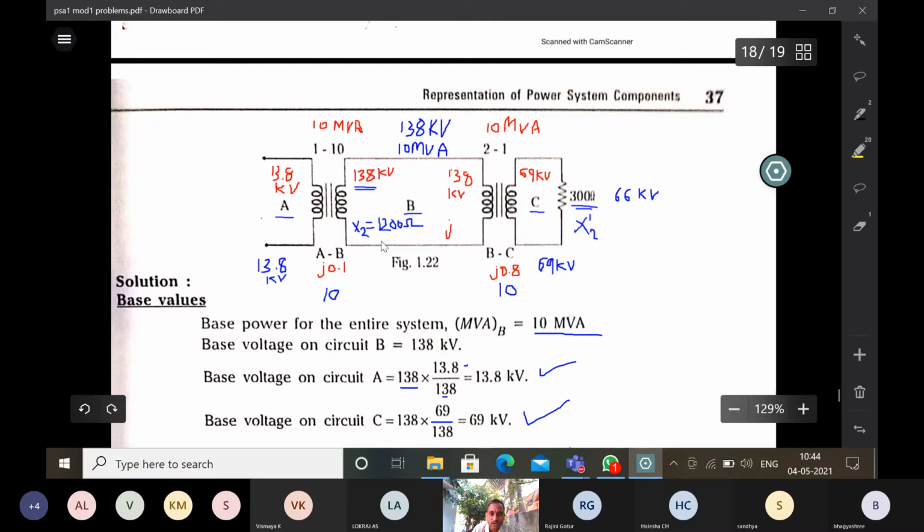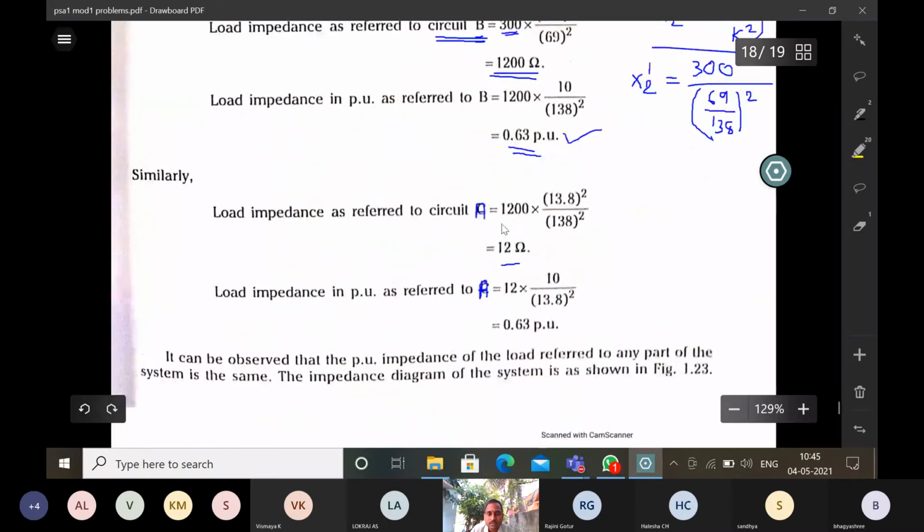Now we want to calculate X2 dash. X2 dash is equal to X2 by K square. What is K here? V2 by V1. V2 is 138, V1 is 13.8. So X2 by K square means 1200 into 13.8 square by 138 square. So we will get 12 ohm near section A.